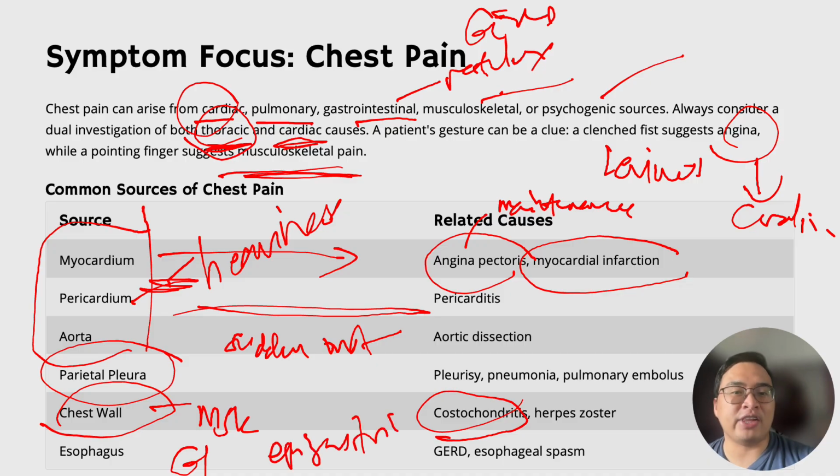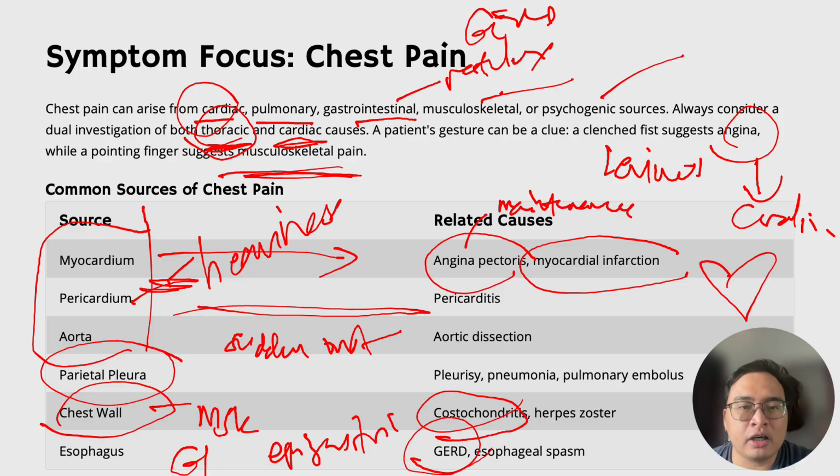It could be felt there. So what are the common causes of esophageal pain? Could be GERD. Okay, so these are the causes or the differentials that we're going to consider when someone complains of chest pain. Is it cardiac in origin, pulmonary, chest wall or MSK, or gastrointestinal?